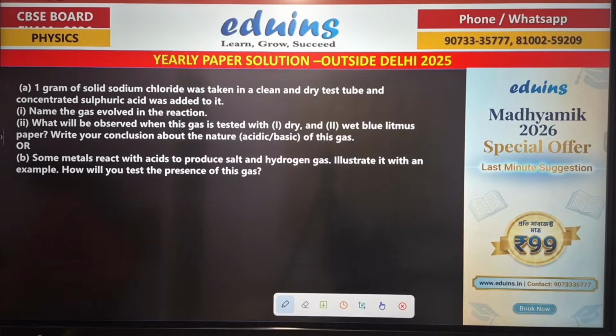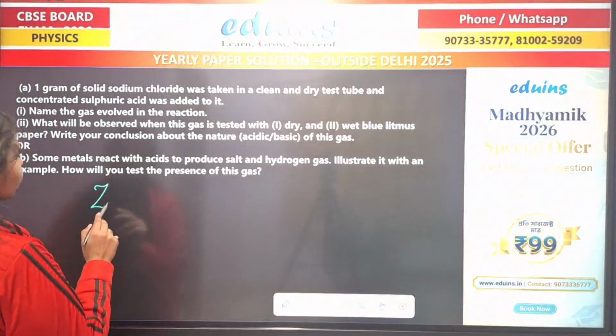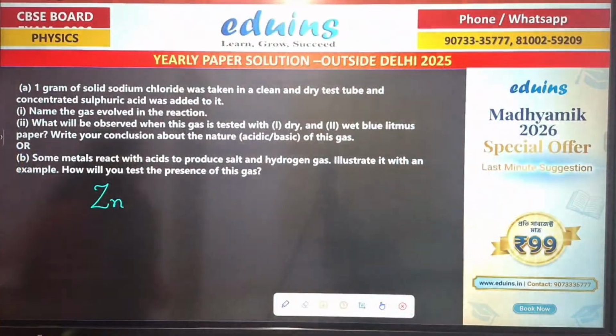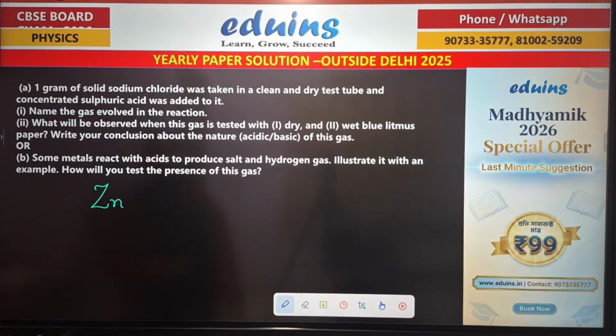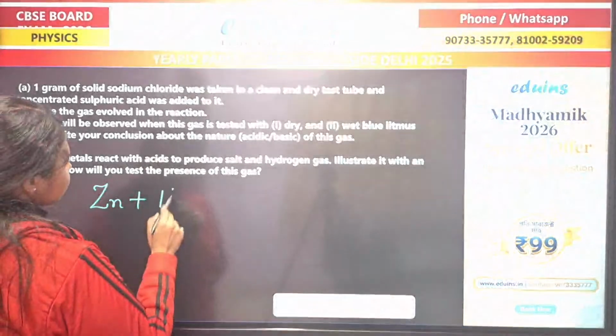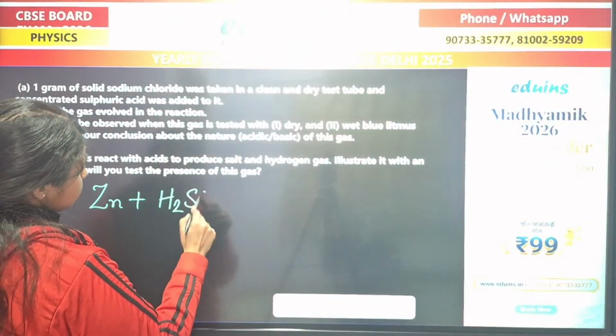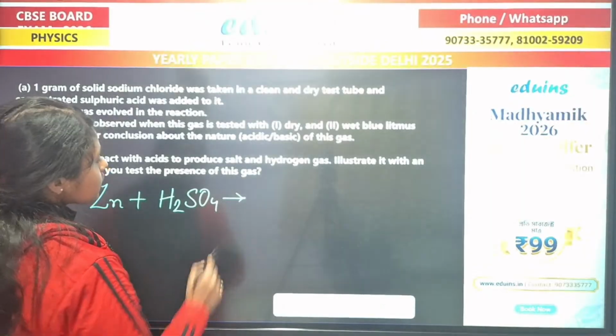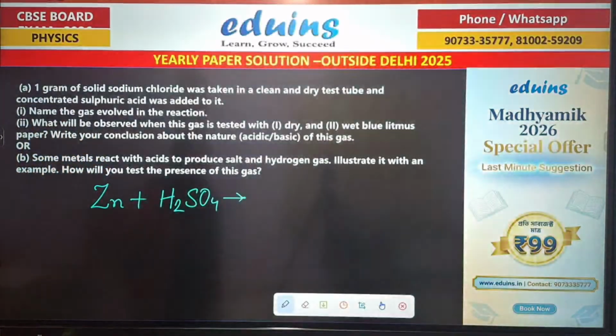Okay, can you give an example? At first, we take zinc and react it with the acid. So, zinc plus H2SO4, that means sulfuric acid. This reactant can produce what? ZnSO4.